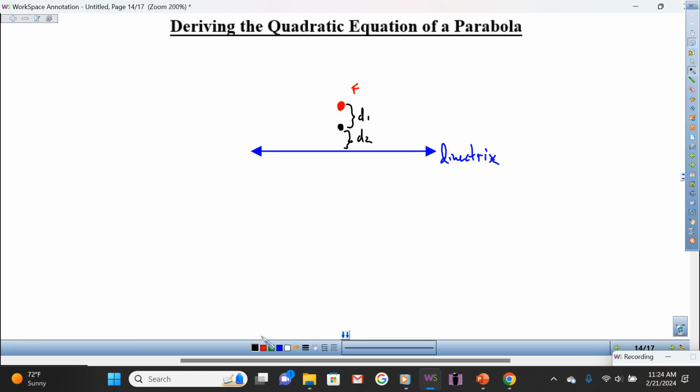All right. So with that said, now that we established that distance 1 is the same as distance 2, we can start building our parabola. But let's see where we're at on our coordinate plane. Draw a black axis through there. That's going to be our y-axis.